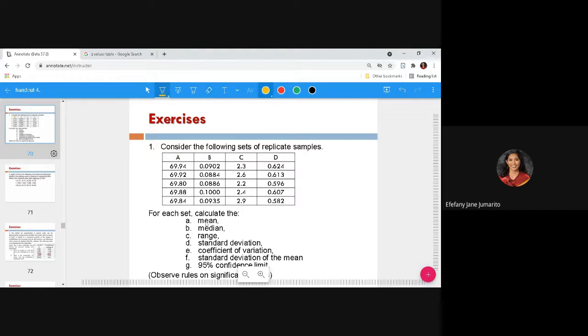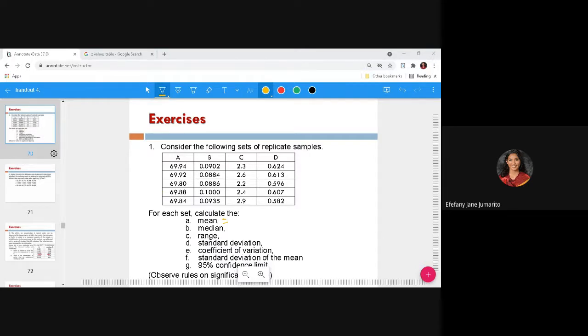So we are going to calculate the mean. I will assign you. In set C, you are Francis, okay, Francis Grace Swan.